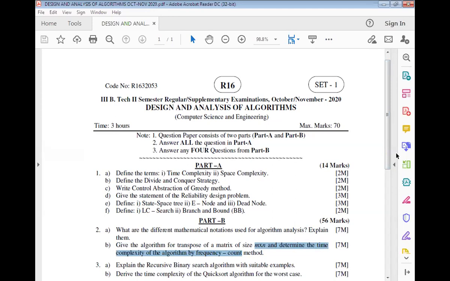We have to analyze the time complexity of the algorithm by frequency count method. Okay, so how do we analyze this?